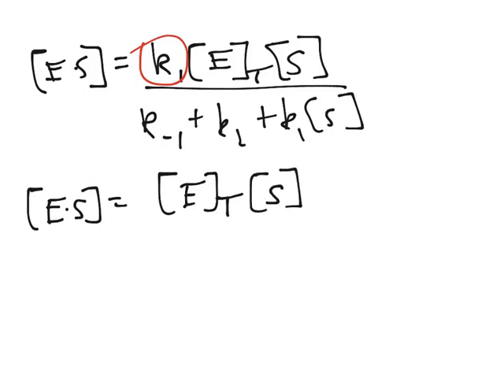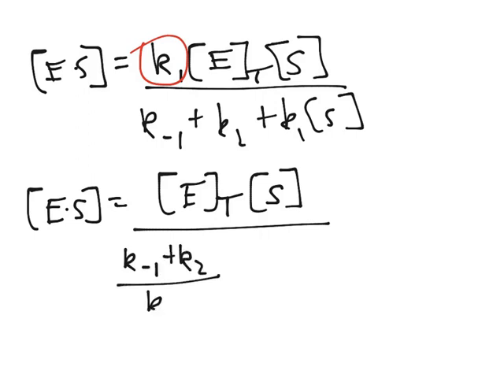Remember, I'm dividing the numerator and the denominator by K1, because that's the same thing as multiplying by 1, divided by K minus 1 plus K2 all over K1 plus the concentration of substrate.